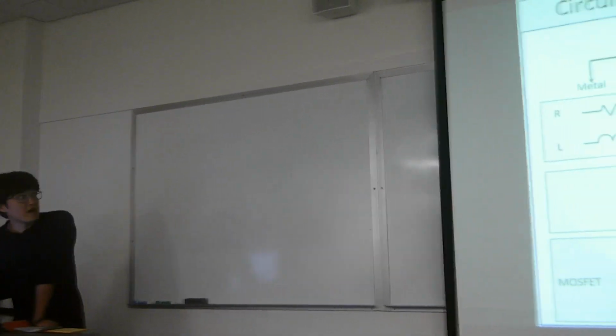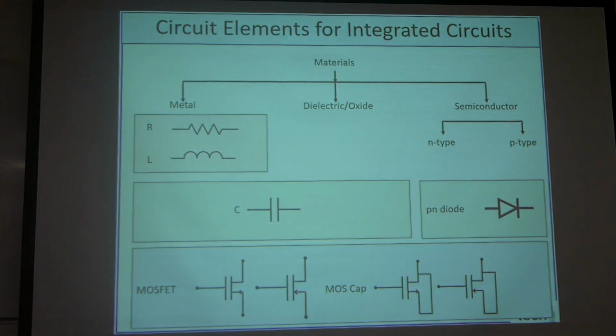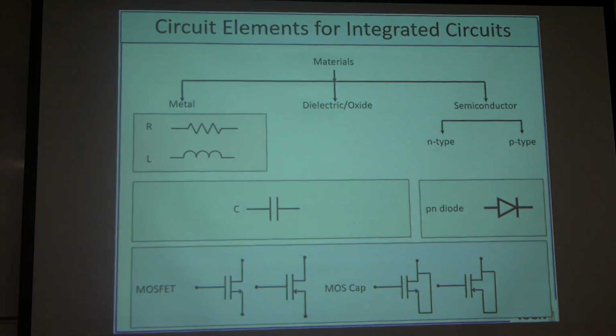So to start with, I'll go through the fundamental circuit elements with materials based on metal, dielectric, and semiconductor. They are divided into three in terms of electrical conductivity. If the conductivity is larger than generally 100 siemens per centimeter, it is a metal.